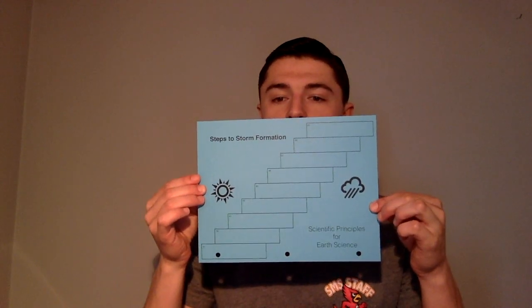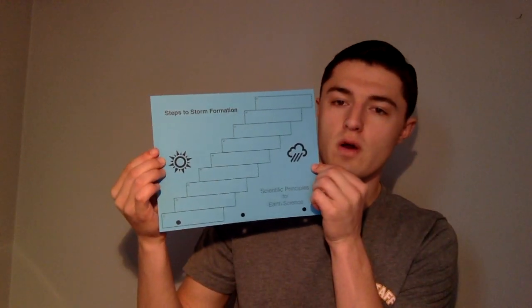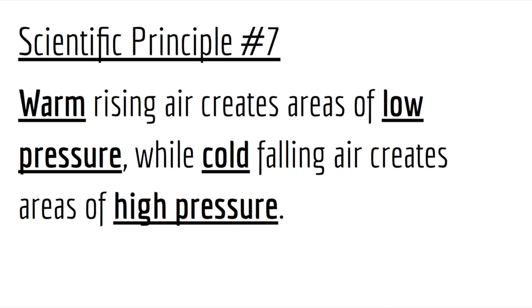So, how does this relate to our scientific principles? In your scientific principles, you have a sheet that says how to form a storm. Taking a look at scientific principle number 7, and I'll put it on the screen so you can write it down and pause if you need to: warm air rising creates areas of low pressure, while cold air falling creates high pressure areas.